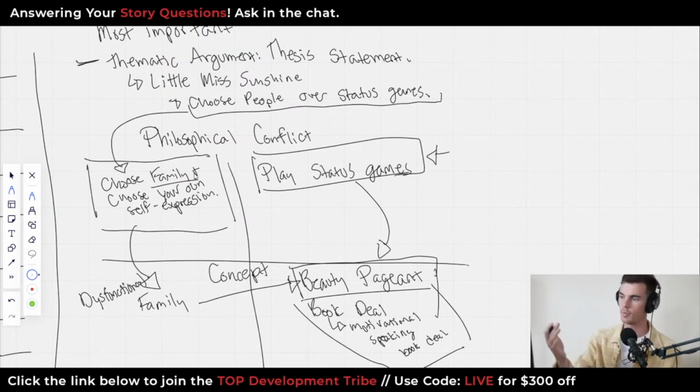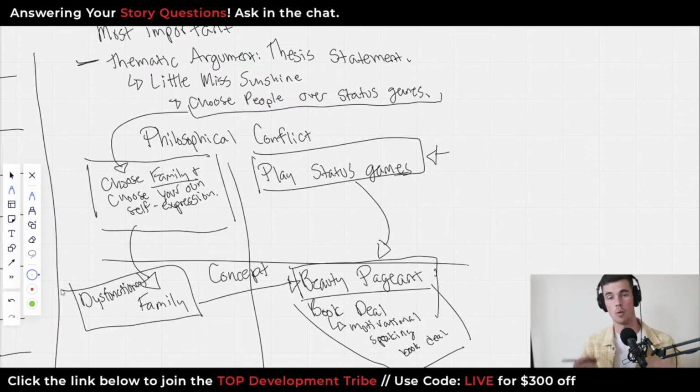It's going to be about choosing the people closest to you, so we create the people closest to our main characters, and then we create this dysfunctional family. Now our story concept is a dysfunctional family heading to this beauty pageant, and it's the most important thing to Olive, and they might be late. We have the basic plot that we're heading on, right?